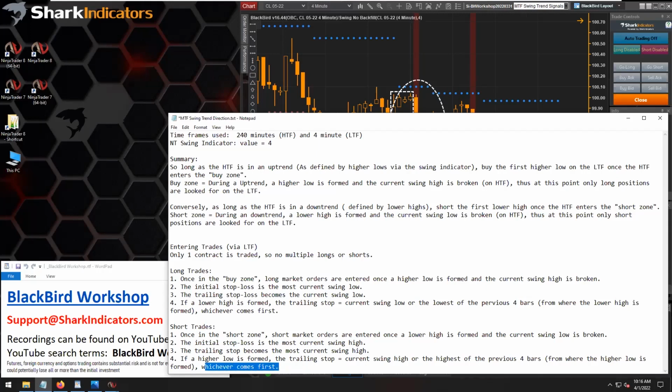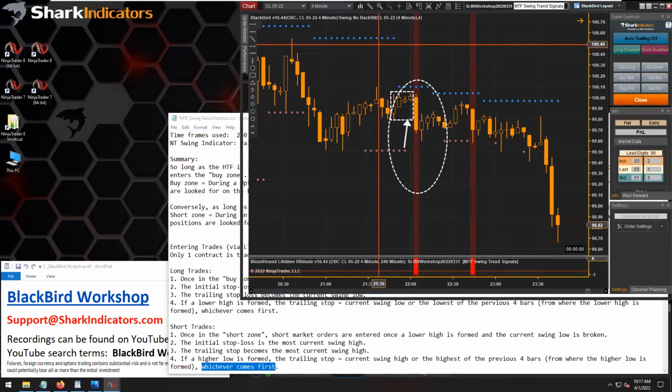Well, I've seen this statement used a couple of times, and it seems that whenever someone uses this, it never applies to the scenario correctly. So, whichever comes first. Well, if you look at your chart, there's always a swing high, and there's always a swing low.